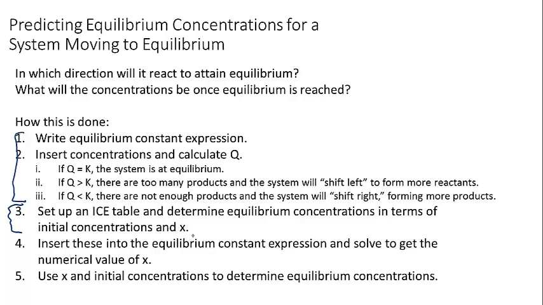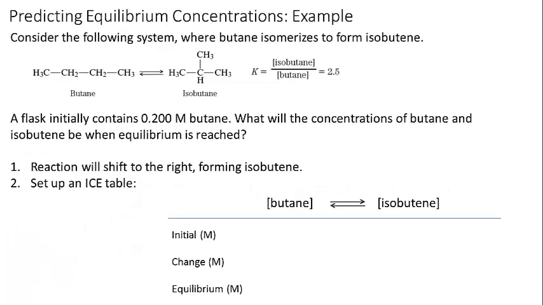And how much is going to react is going to be called X. That's the amount reacting. And then we'll insert those values into the equilibrium constant expression and solve for X. Once we know X, we'll use X to determine the initial concentrations. We use X and the initial concentration to determine the equilibrium concentrations. So let's look at an example of that.